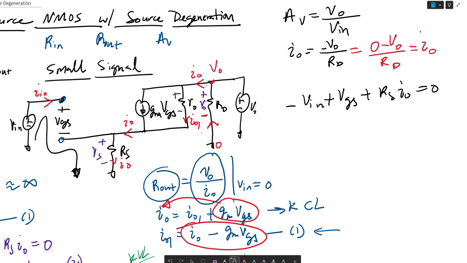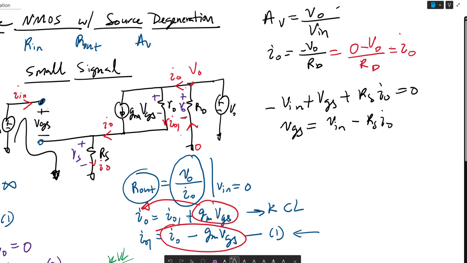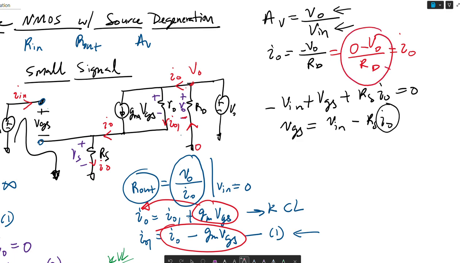If we solve for VGS, we would get that this is equal to VN minus RSIO. And since we want our AV to be in terms of VN and VO, we want to get rid of this IO here. So we're going to go ahead and plug this into here.